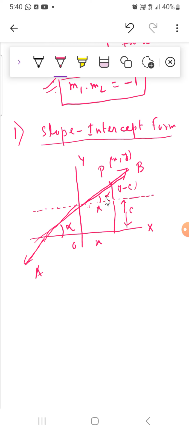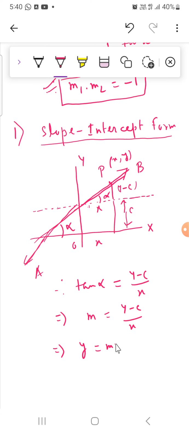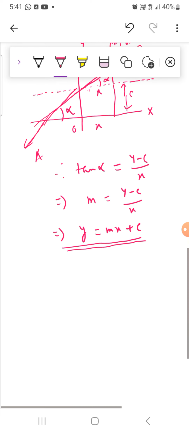So tan alpha, which is the slope of the straight line AB, is equal to y minus c by x, or you can write m, which is the slope of the straight line, equal to y minus c by x. So we will get y is equal to mx plus c. This is the slope intercept form of the equation of any straight line. So any straight line can be directly found in slope intercept form in this way.